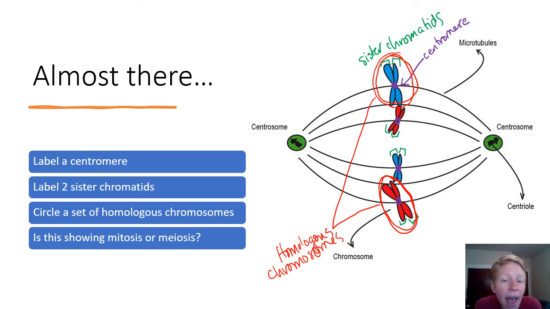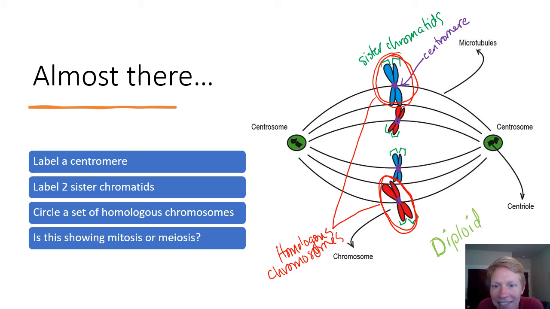And I do have homologous pairs within this cell. So I actually have two sets of homologous pairs. Because I see the homologous pairs, I know this cell is diploid. So it's a diploid cell, and we're at metaphase.